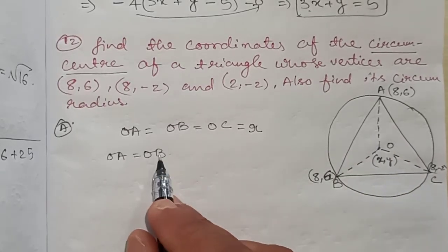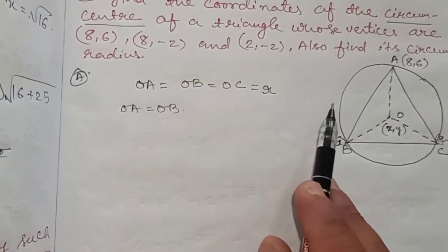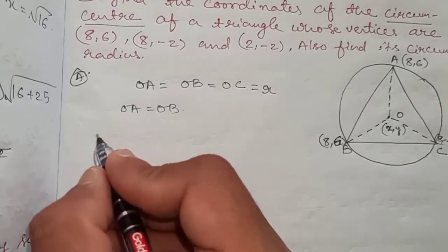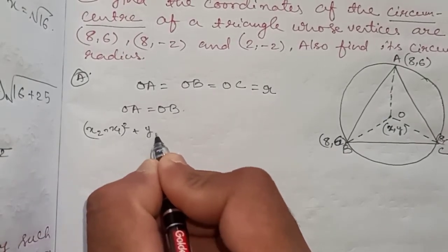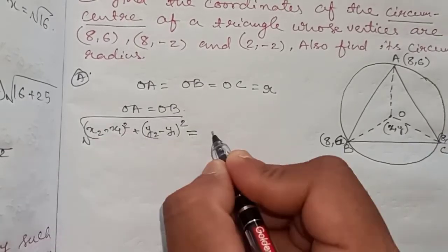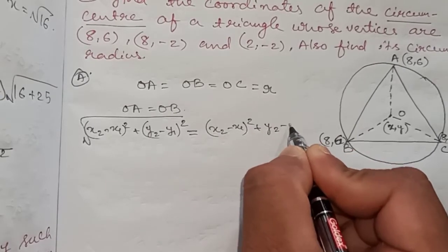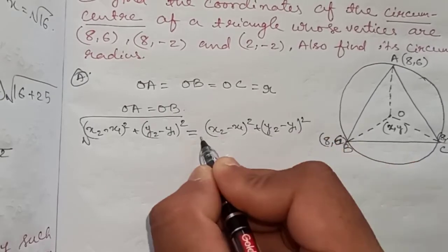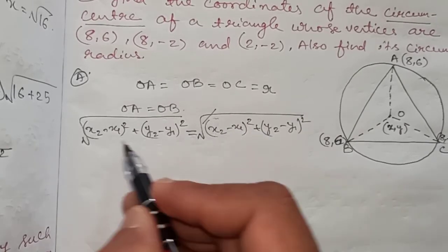If we equate first OA equals OB, that means we have to find the distance OA and OB first. I will use the distance formula, square root of (x2 minus x1) whole square plus (y2 minus y1) whole square, equals the same on the other side. The square root will be cancelled.